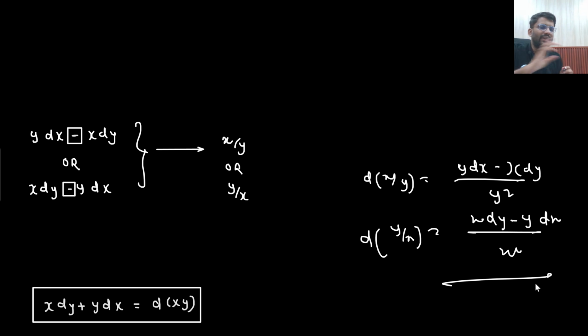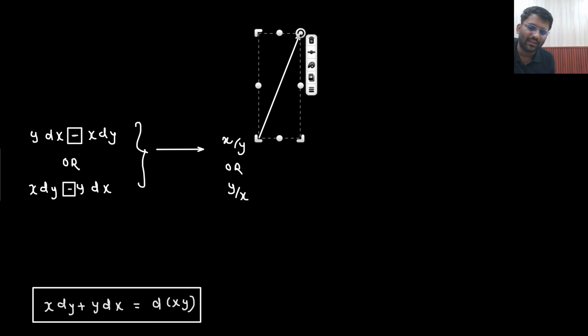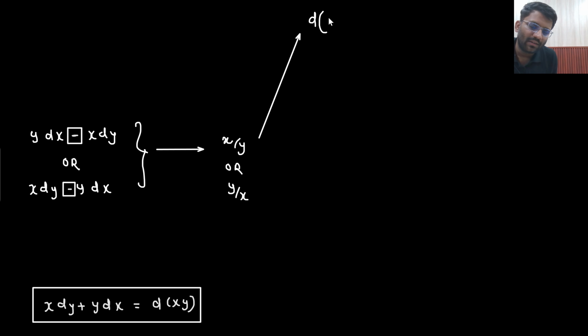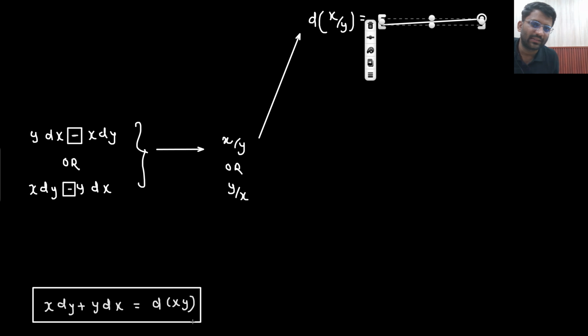So sir, x dy minus y dx I need, then x by y or y by x can help me. Now sir, I have some tools that I know: d of x by y could be written as y square downward, y dx minus x dy.